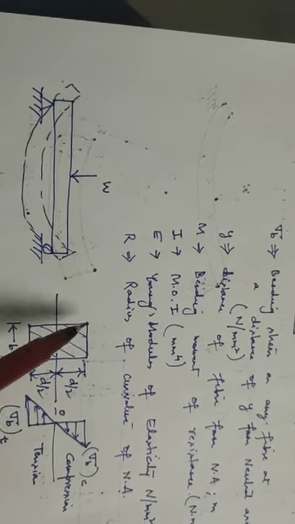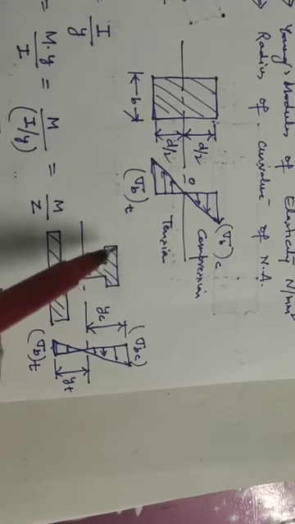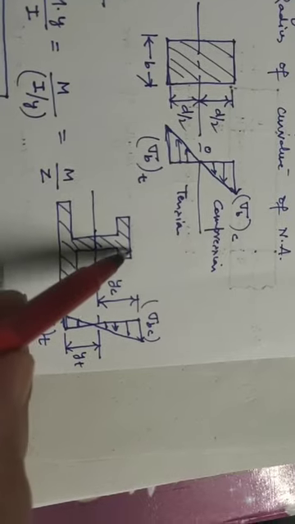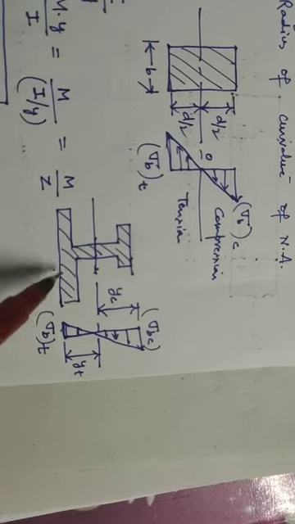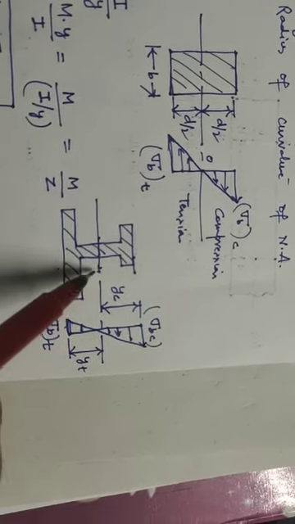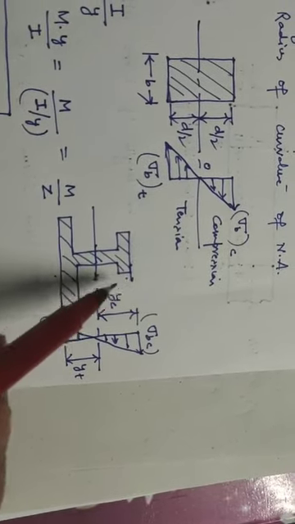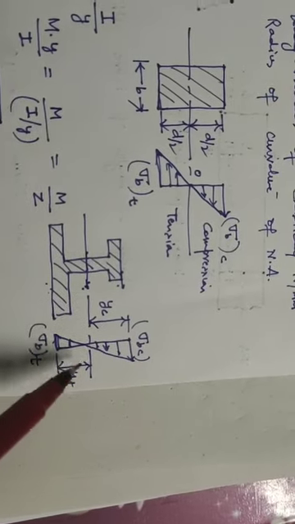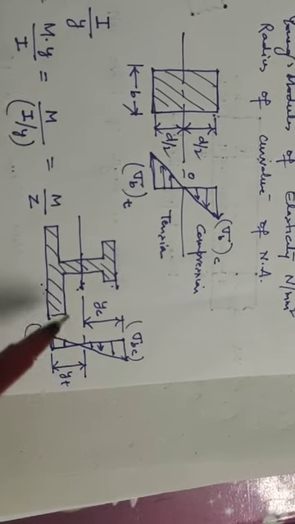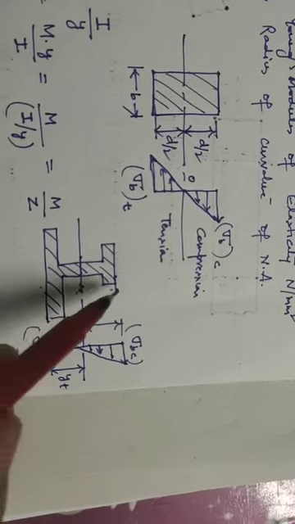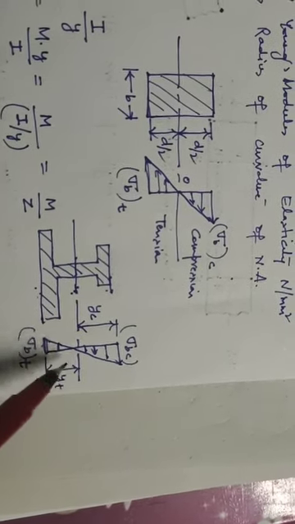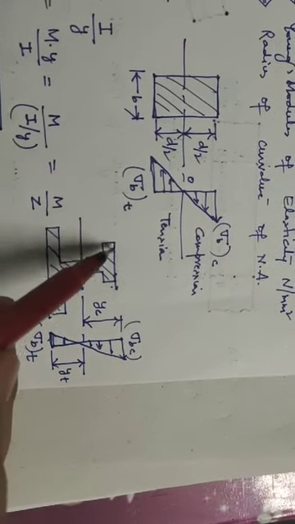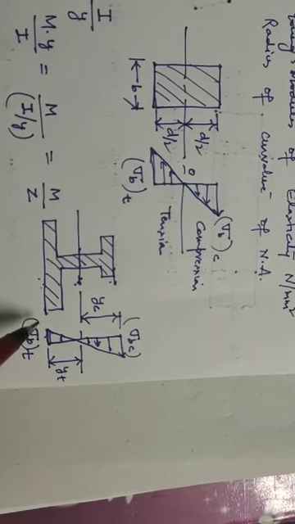Now if the cross section is, let us suppose, an I section, in case of I section, this distance and this distance will vary. So we will find these two distances. About this distance you will get the compressive stress, and about this distance you will get the tensile bending stress. So the distance which will be maximum will give you the maximum bending stress of that beam about this very fiber.